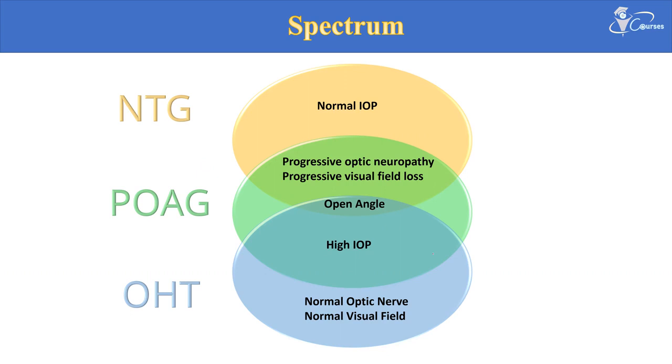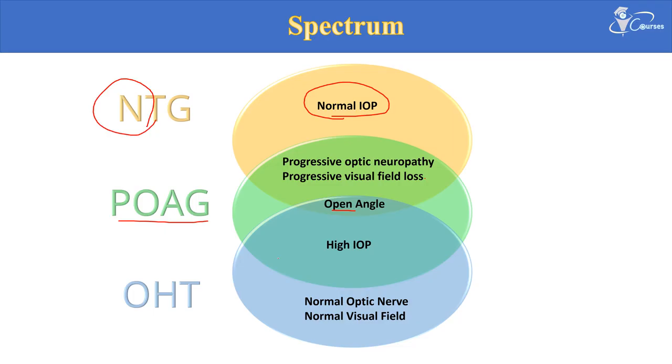If a patient has an open angle with progressive optic neuropathy, progressive visual field loss, and high intraocular pressure, we call it a primary open angle glaucoma. If a patient has an open angle, this yellow circle, with progressive optic neuropathy and progressive visual field loss but normal intraocular pressure, we call it normal tension glaucoma.